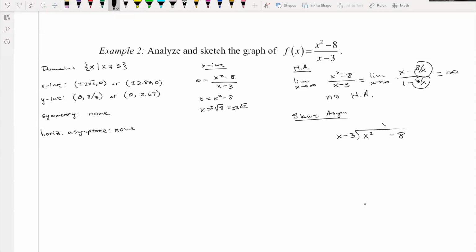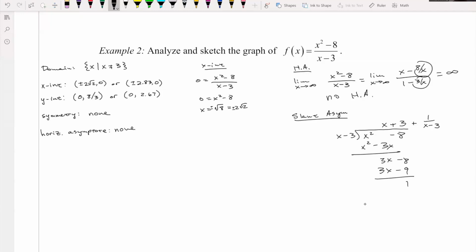And I think that's going to go in x. We get x squared minus 3x. When we subtract, we're going to get a 3x minus 8. And then we're going to have a plus 3 here, which will give us 3x minus 9, which will give us a 1. So we get plus 1 over x minus 3. Okay, that is another way to write our function.